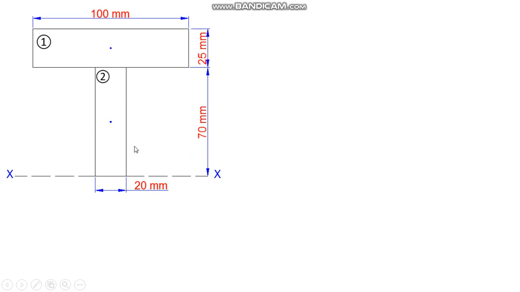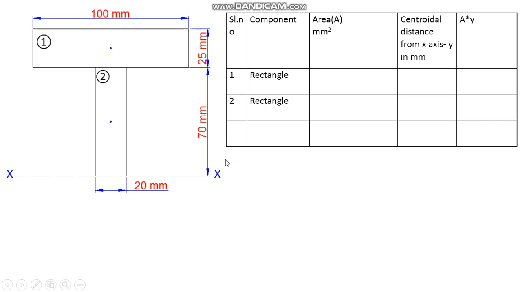After making it into areas, since you have to find y bar, you have to consider a reference axis. The bottommost point you take as the reference x axis, to find y bar.